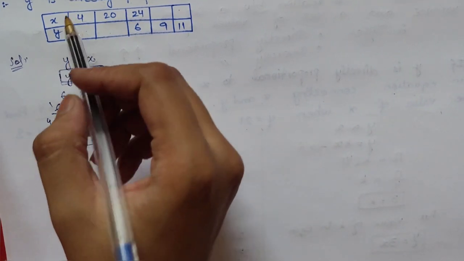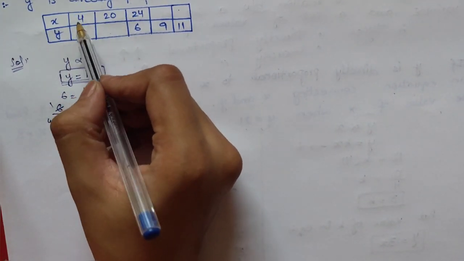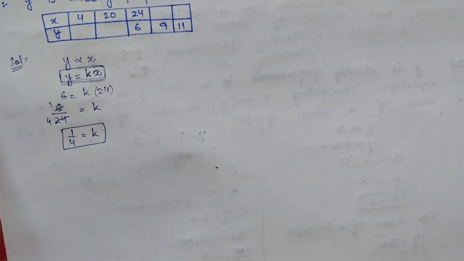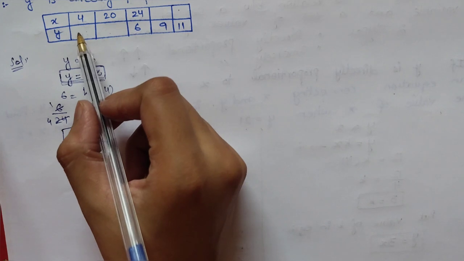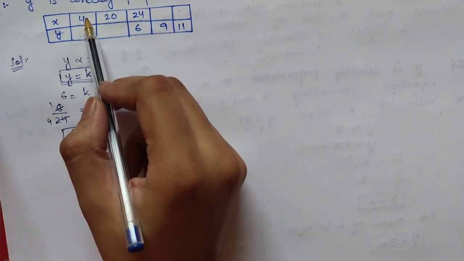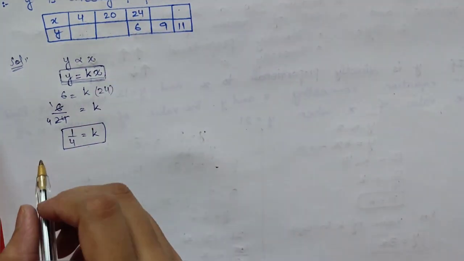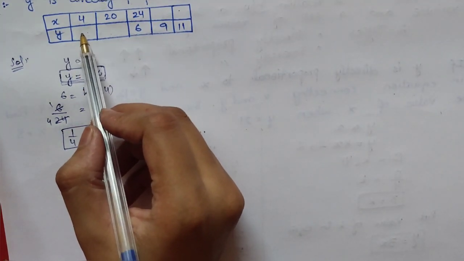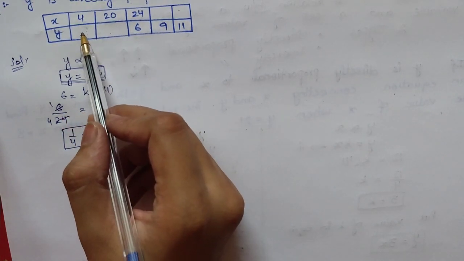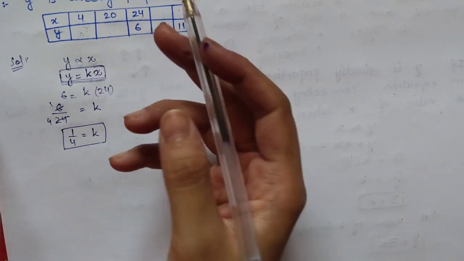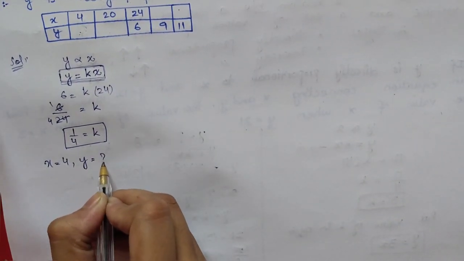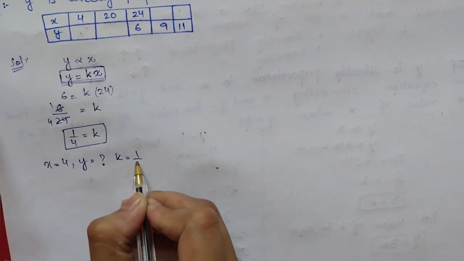Now first of all, we use the value of x and then find the value of y. Keep it in mind, you have to find the value of y, so you have to use the value of x which is above it. The value of x is 4, above this y, in the first block. So x is equal to 4, y is equal to question mark, and k is equal to 1 by 4.